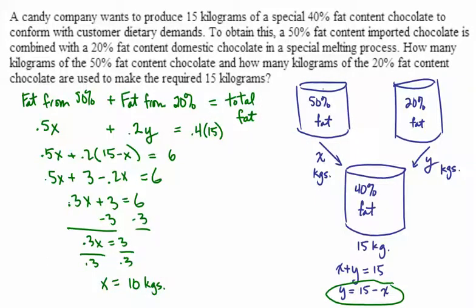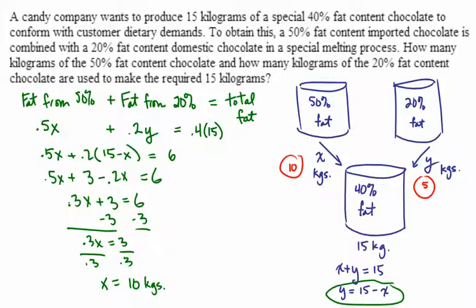That 10 kilograms is the number of kilograms of 50% fat content chocolate that we're going to add to our mixture. So we want 10 there. But we know that there's only a total of 15, so if we use 10 from the first vat, we can only take 5 from the second vat, and so we would get a solution to that.